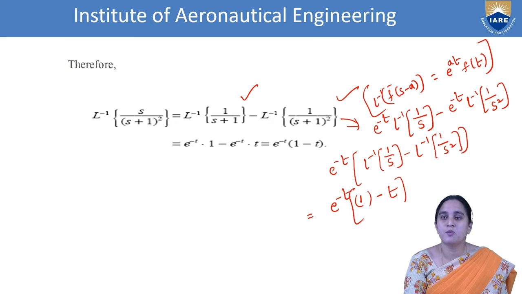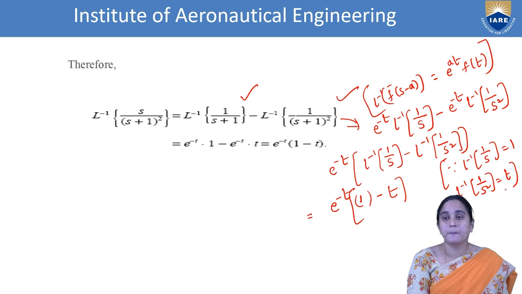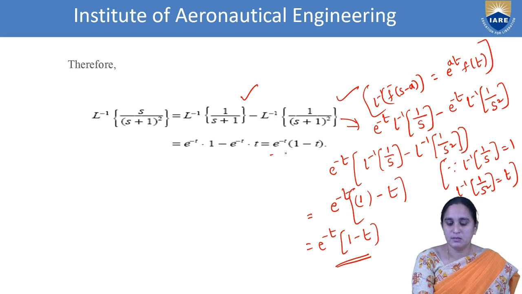These are the basic formulas of inverse Laplace transform. Therefore, Laplace inverse of 1 by s is equal to 1, and Laplace inverse of 1 by s square is equal to t. So the answer is e power minus t into (1 minus t). This is the final answer for the third question.